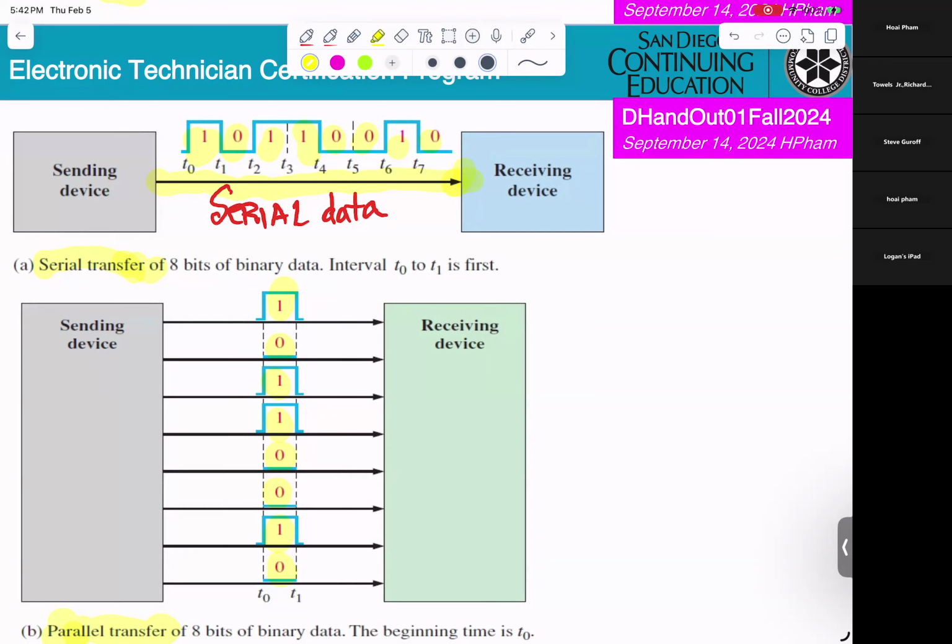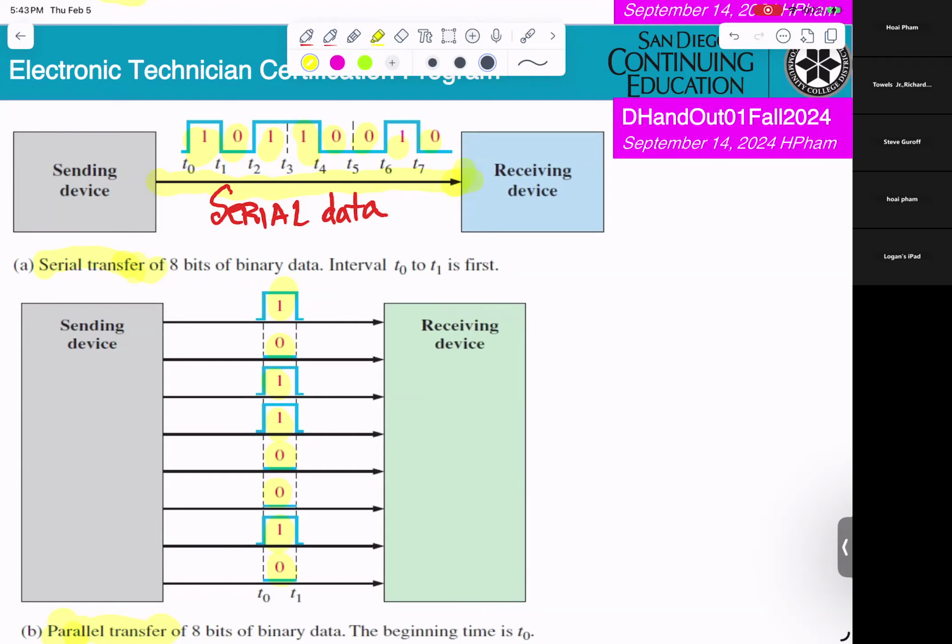Binary in parallel happens in the computer. Okay? 1 bit transmitted needs 1 wire. 8 bits, 8 wires. You know your computer, how many bits? How many wires? In the past, computers used 32 bits, they got 32 wires. Now, 64 bits.